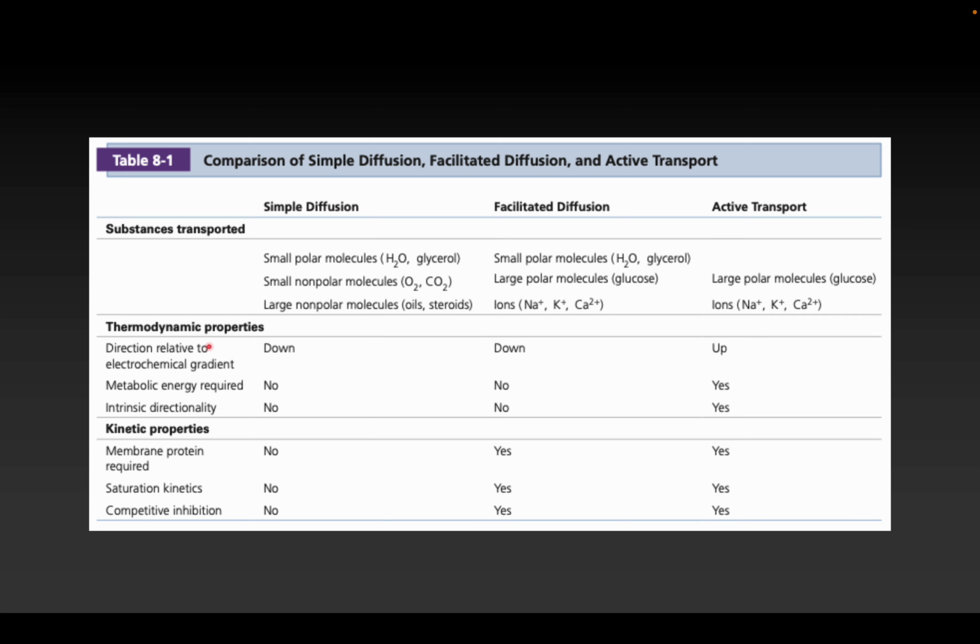In relation to the concentration or electrochemical gradient, simple diffusion and facilitated diffusion always follow it down, meaning from higher to lower, while active transport is the opposite.